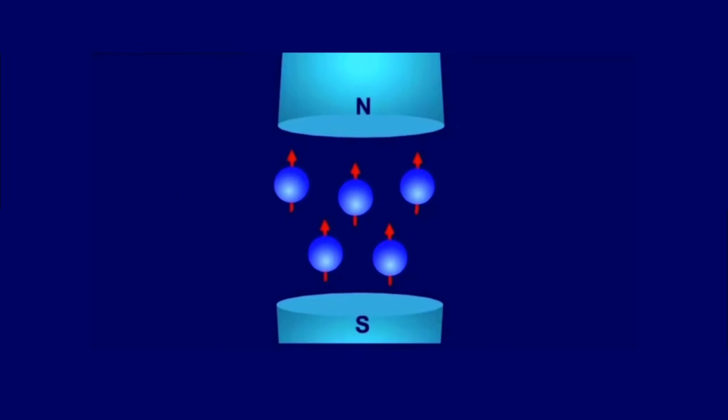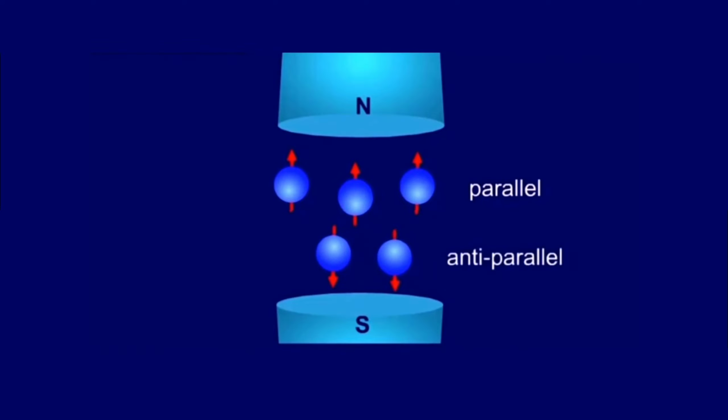The nuclei may align themselves in the direction of the external field, parallel to it. Or, they may point in the completely opposite direction, anti-parallel. These types of alignments are on different energy levels. The ones aligned with the external field direction are lower in energy, while those aligned against are higher in energy.